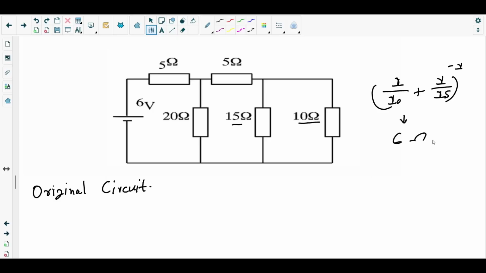This 6 ohm resistor is in series with the 5 ohm resistor, so 6 plus 5 gives us 11 ohm.